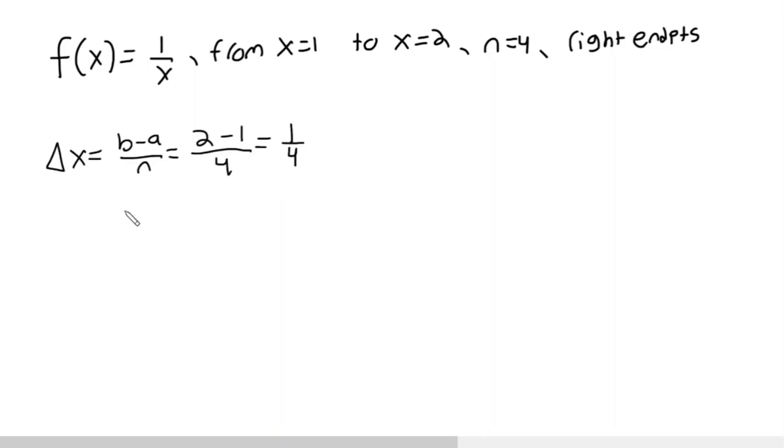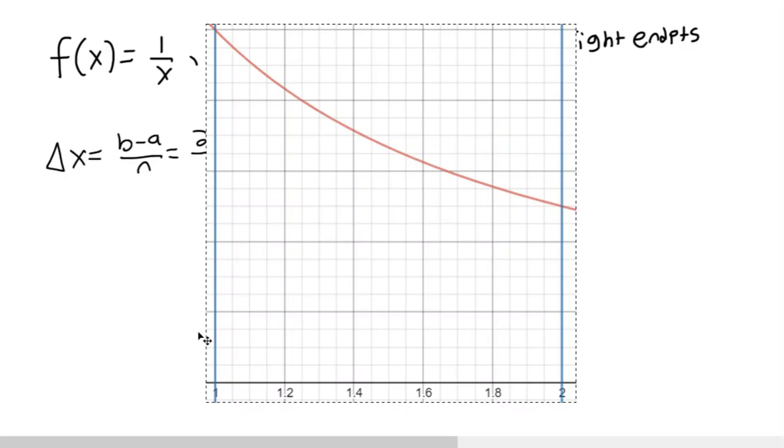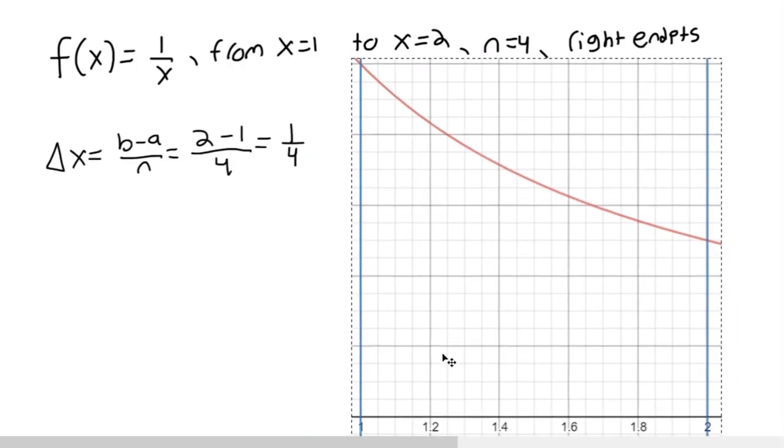Now we basically need to figure out what these endpoints are, and there are two ways to do this. For this one, I'll show the graph just so you can see. I have the graph right here. What I want to do in this case is label what these endpoints are. We're starting at 1, which is perfect because that's our starting interval, so that's this blue line right here.